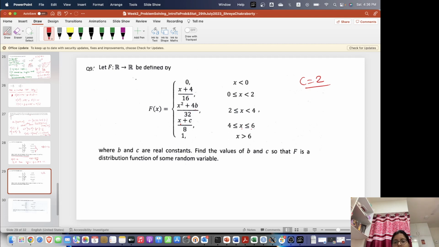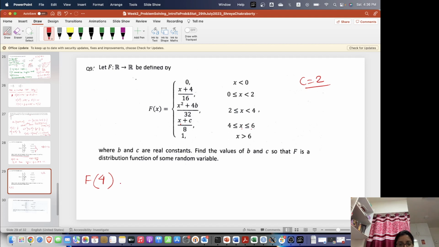Now we'll try to find out B. So for B, we'll use both. When x equals 4, we'll proceed with this one and this one.